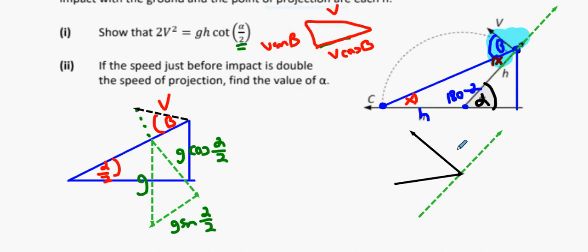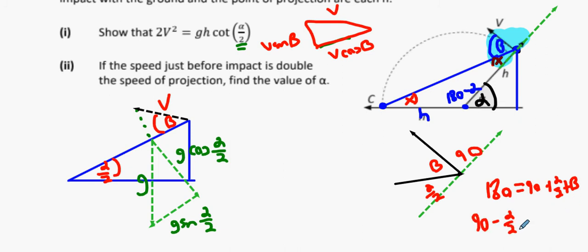So that's 90, that's beta, that's alpha over 2. All equals 180. So 180 equals 90 plus alpha over 2 plus beta. Therefore 90 minus alpha over 2 equals beta. So I'll be inclined to use that later on.